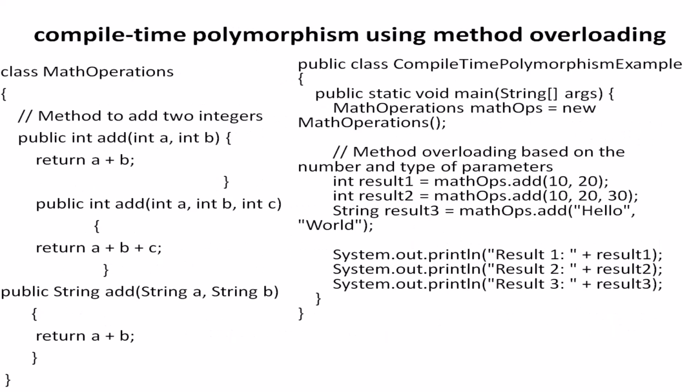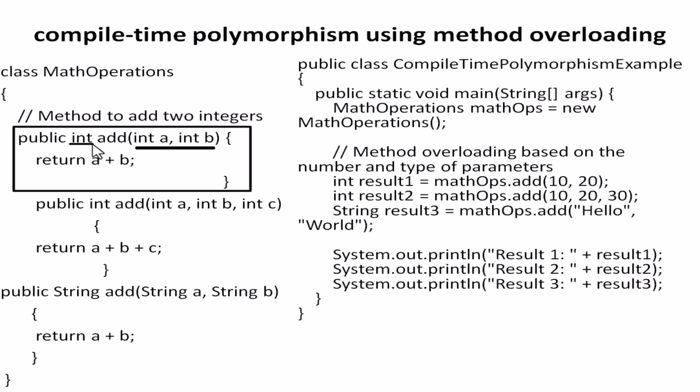Compile time polymorphism using overloading. So here, if you consider mathematical operations, public int add, in which we are adding a and b. If you use void, it doesn't have any return type; otherwise you need to return the values.